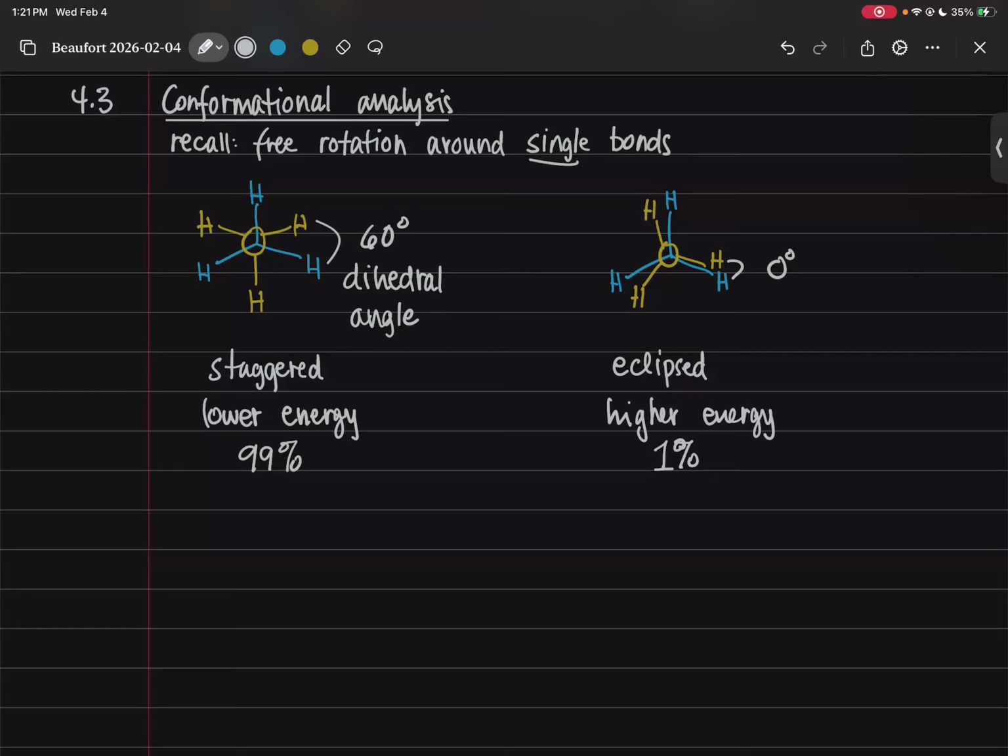They can rotate freely, but generally they come to rest in a staggered position. Okay, that is relatively simple to digest when all of the substituents are hydrogens, right? There's only 2 options. They can be staggered just like this, or eclipsed, just like that.